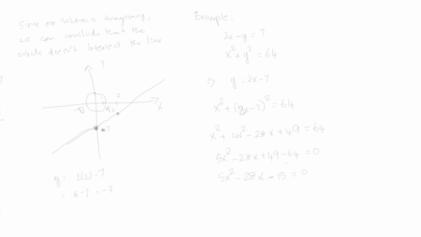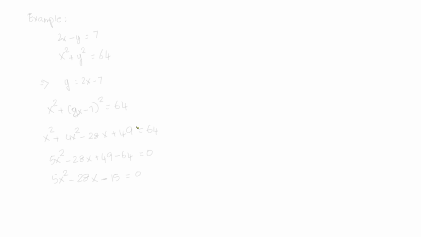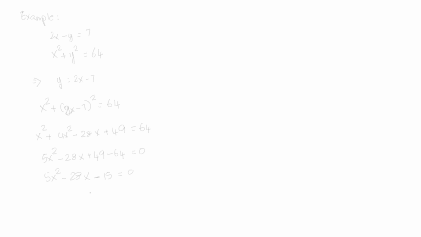Now, again, we'll use the quadratic formula because this is a quadratic equation. So a is 5, b is minus 28, c is negative 15, and if we use the quadratic formula, we have minus of minus 28 plus or minus the square root of minus 28 squared minus 4 times a times c, which is negative 15, over 2 times a.